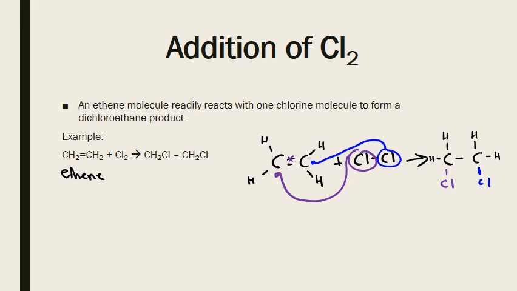Okay, and this effectively is ethene, and this is called 1,2-dichloroethane. Okay, so this is called 1,2-dichloroethane.